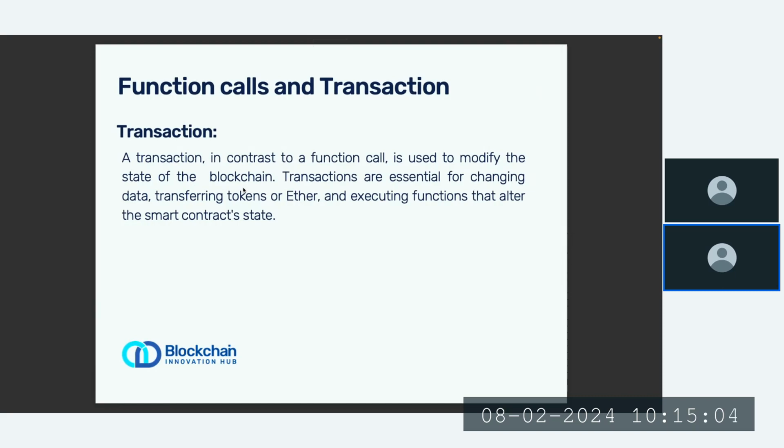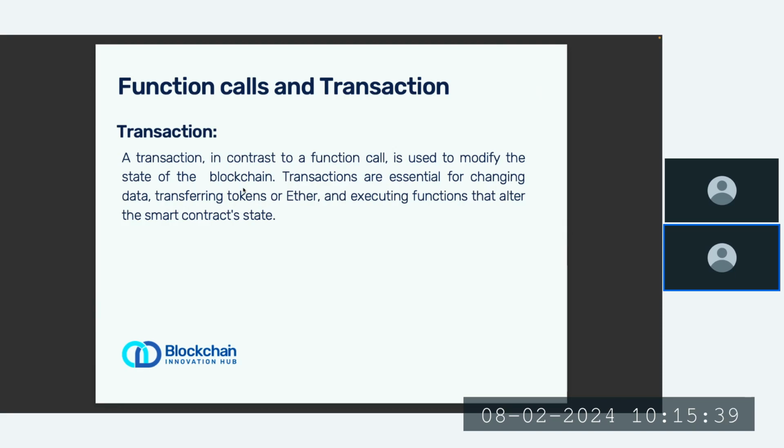In contrast to a function call, a transaction is used to modify the state of the blockchain. Transactions are essential for changing data, transferring tokens or Ether, and executing functions that alter the smart contract state. When we talk about the state of the blockchain, I need us to understand that we're talking about the data stored on the blockchain, that is your variables.